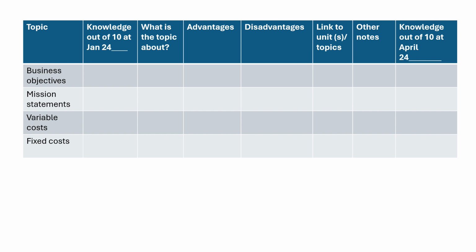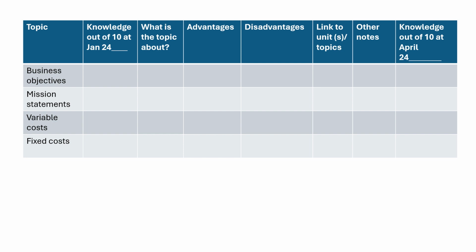And then what you would do is perhaps give yourself a knowledge score out of 10 at a certain point in time. So in this case I'd be scoring out of 10 what I know and understand about business objectives in January 2024. I might then put a little bit about what the actual topic is about, any advantages of businesses setting business objectives, any disadvantages, and you could also link it to other units.